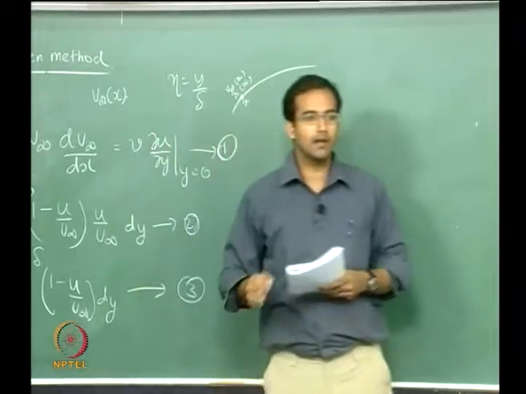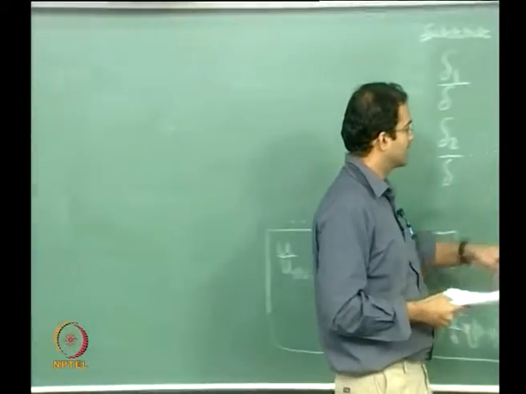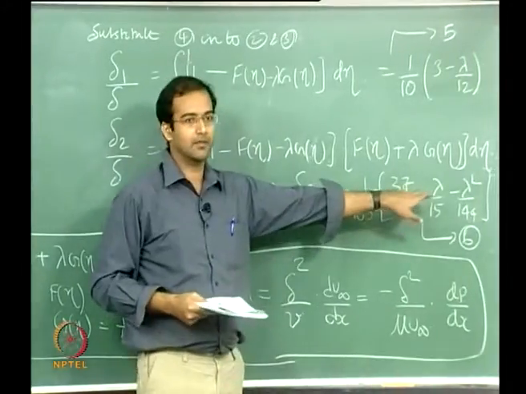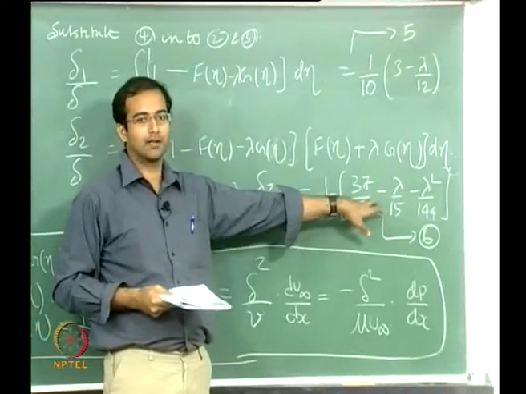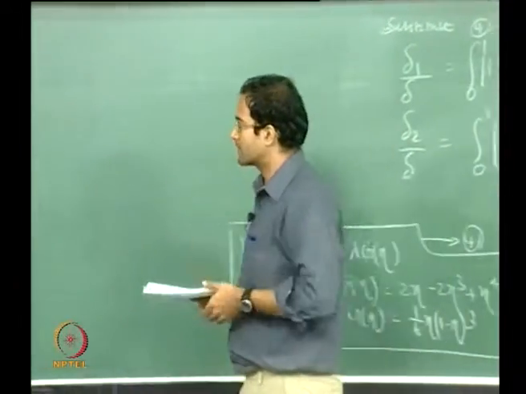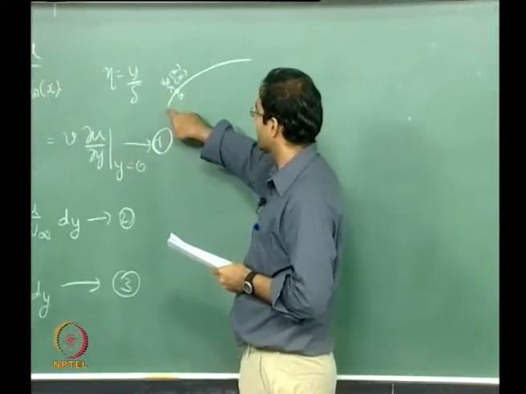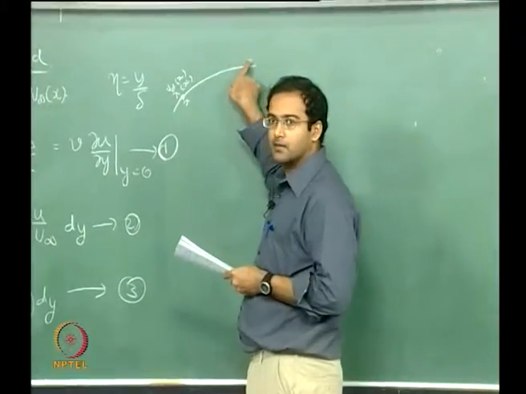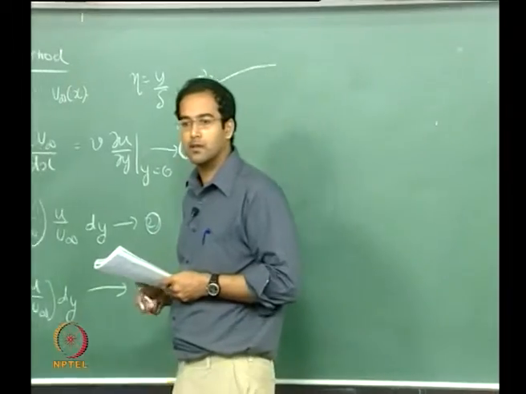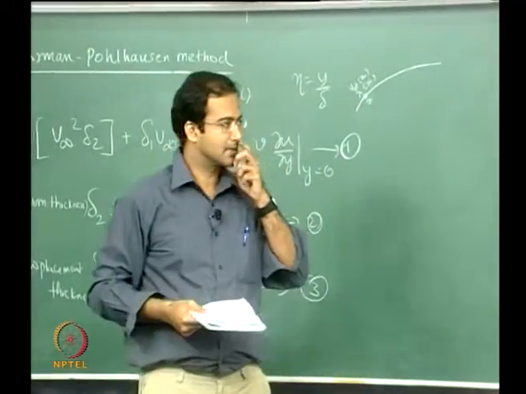Because your boundary layer thickness changes with x, so do your displacement thickness and momentum thickness, so everything is a function of lambda, which is in turn a function of x. Okay, so for different positions, as you keep marching from the stagnation point, the value of lambda keeps changing, and accordingly the value of these different thicknesses will change.